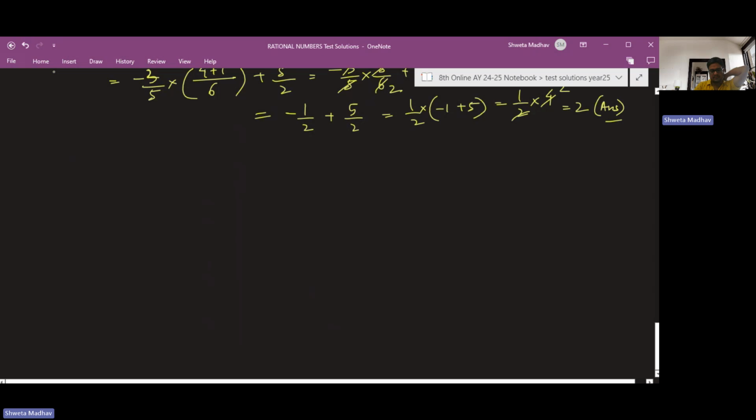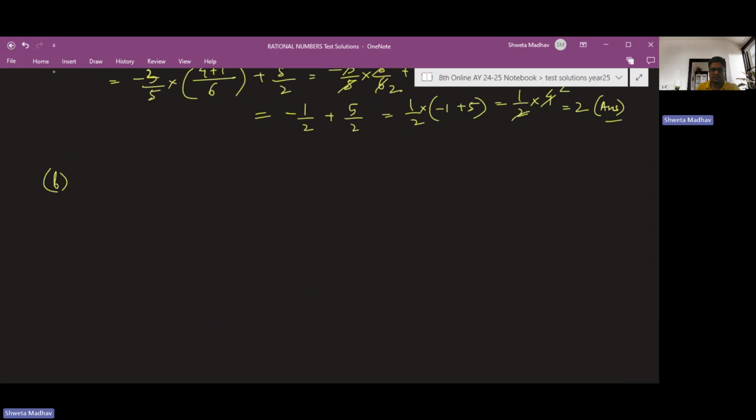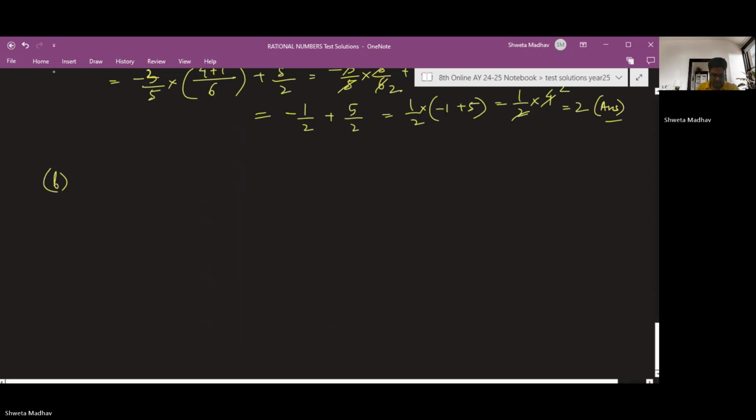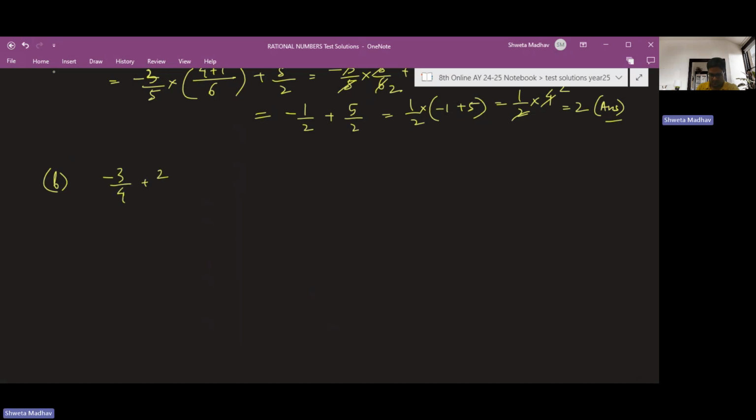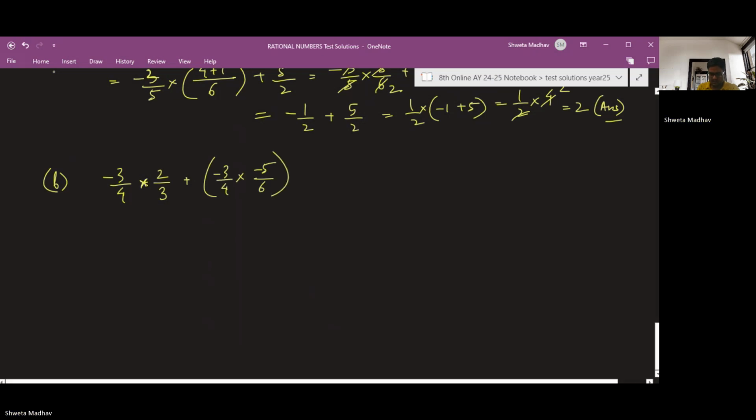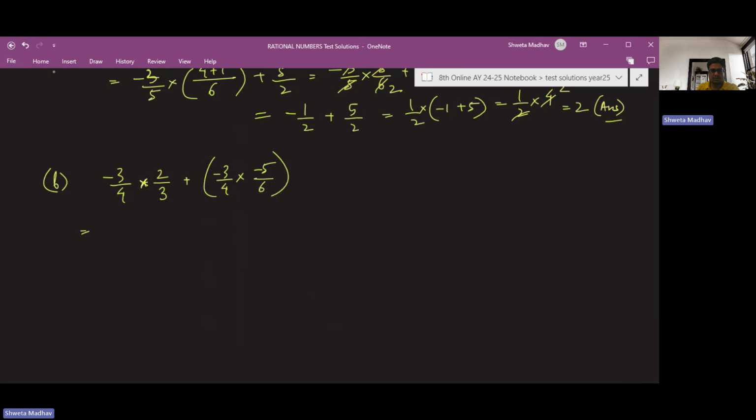And in the subpart B also, it is minus 3 by 4 into 2 by 3 plus minus 3 by 4 into minus 5 by 6. Now in these two terms also we can see that minus 3 by 4 is coming as common.